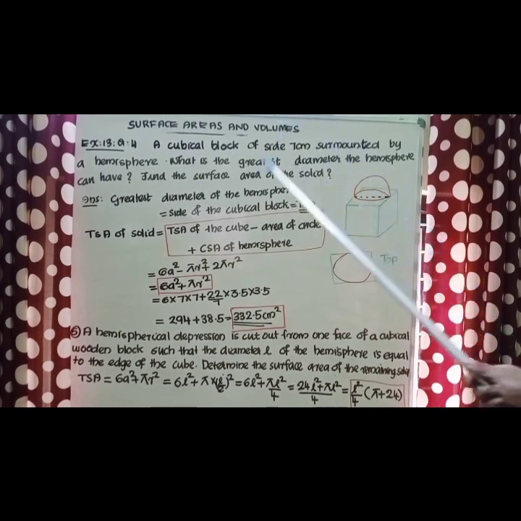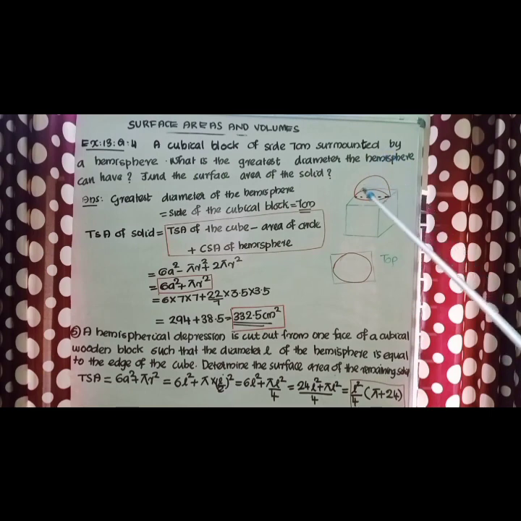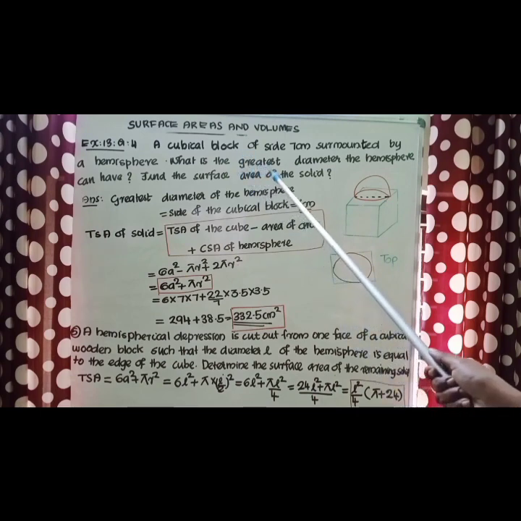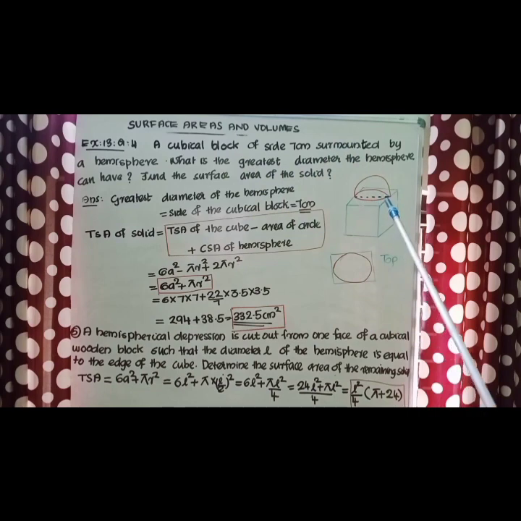So the greatest diameter the hemisphere can have is equal to the side of the cubical block, that is 7 centimeter. So the diameter is 7 centimeter, therefore the radius is 7 by 2, 3.5 centimeter. Now the second question is, find the surface area of the solid.